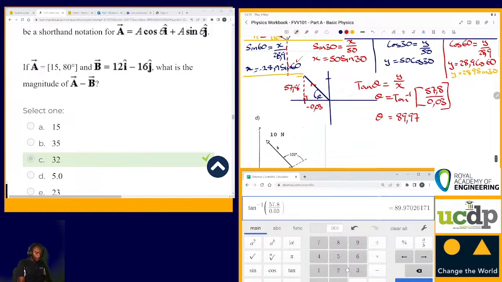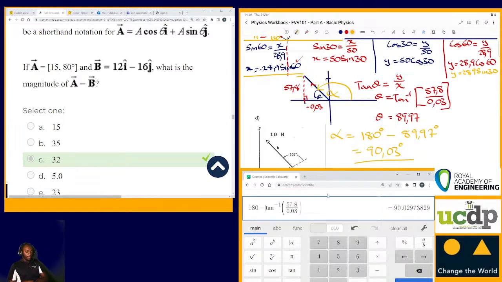Remember, we should move from the x-axis up to there, and we'll call our angle alpha, which is equals to 180 degrees minus 89.97 degrees. So we'll get 90.03 as our answer.